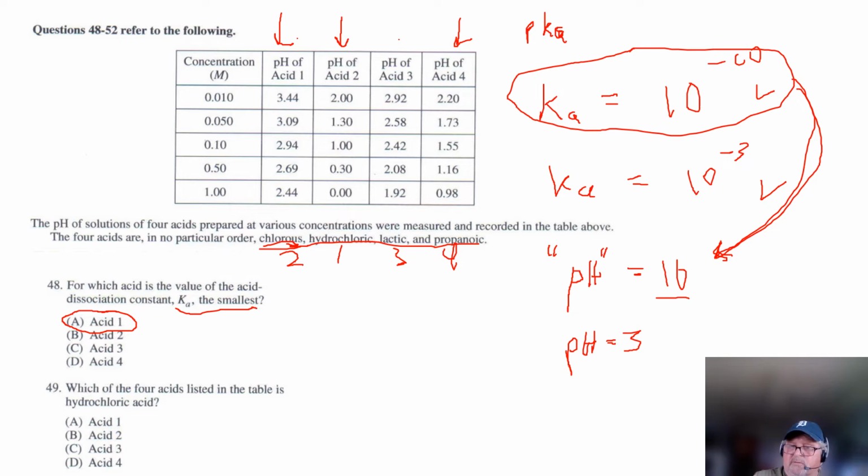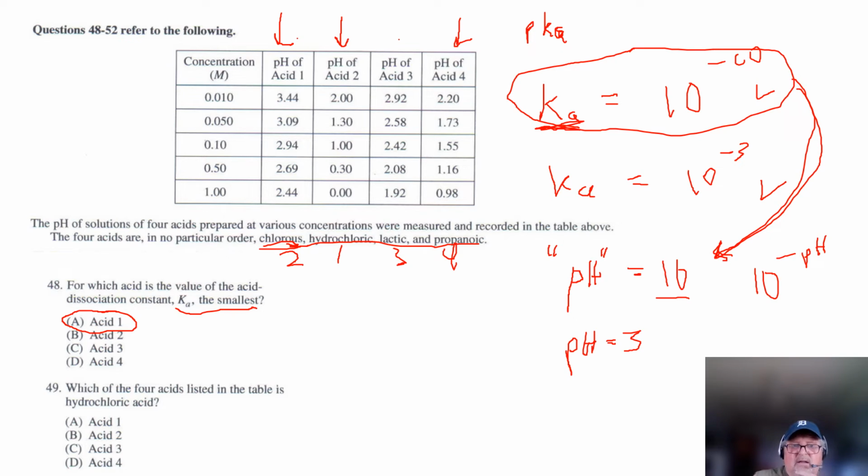Just remember what the pH formula is: 10 to the minus pH. If this pH is a large number, that means the H plus is going to be small. It's the same idea here. If the Ka is small, the pKa or the pH is going to be large.